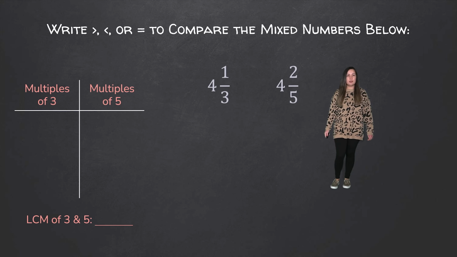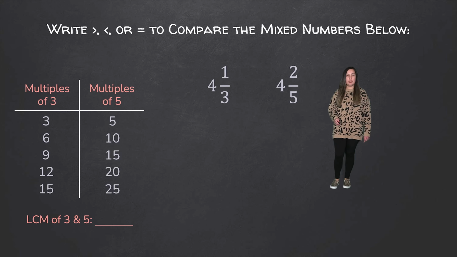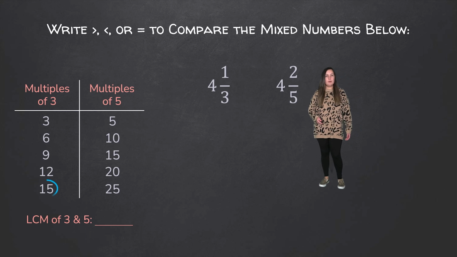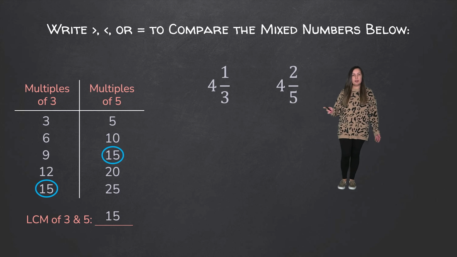So our multiples of 3 are 3, 6, 9, 12, 15, and so forth. And our multiples of 5 are 5, 10, 15, 20, 25, and so forth. So the smallest multiple they have in common, our least common multiple, is 15. So we have to take both these mixed numbers and rewrite them with a denominator of 15.